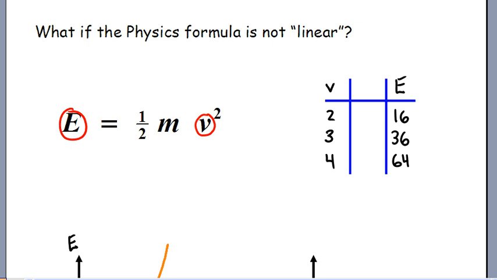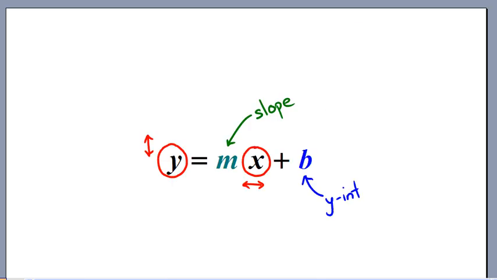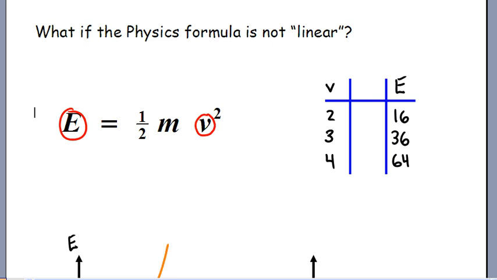I want something that feels like this. Just my across, or my up and down axis, I should say, equals some sort of thing that is never changing in the story times the across axis, and maybe, if it's there, some sort of y-intercept hanging on the end.